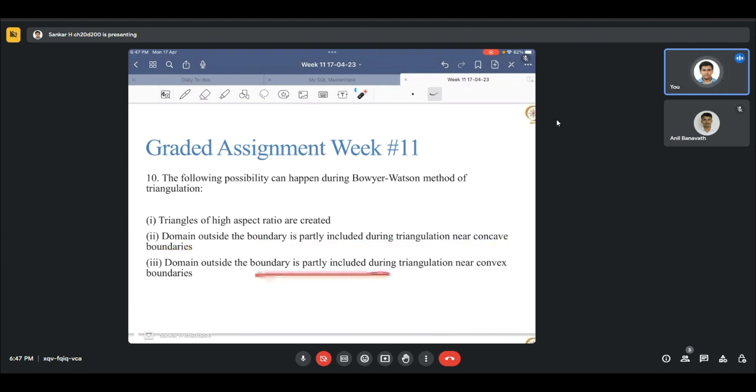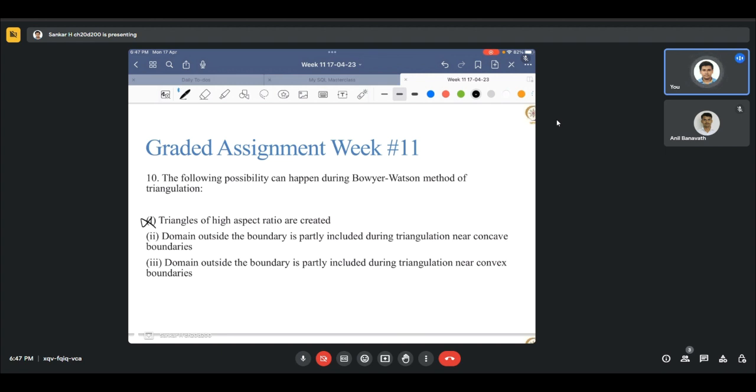Domain outside the boundary is included during triangulation near convex boundaries. So what happens here is that triangles of lower aspect ratios are created when we use the Bowyer-Watson method of triangulation as compared to the advancing front method.